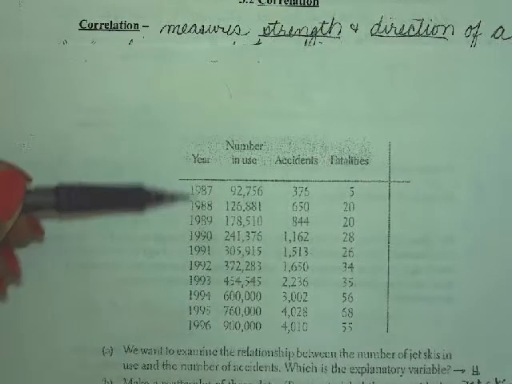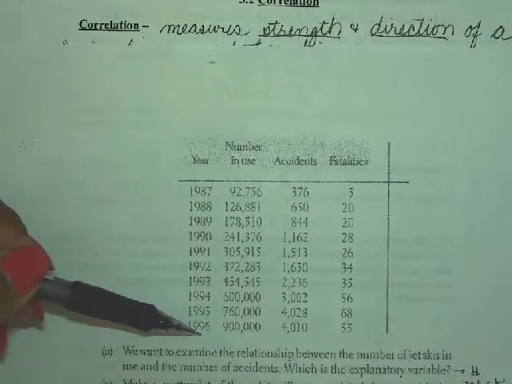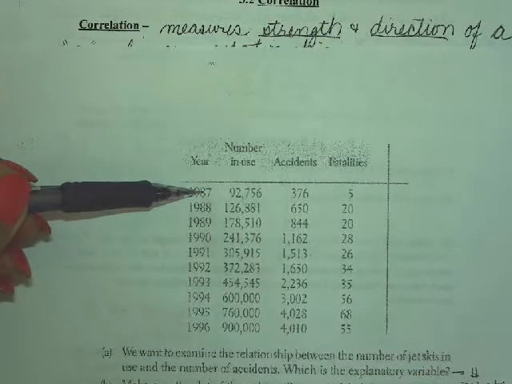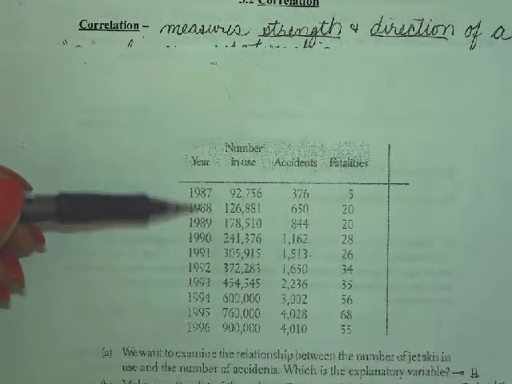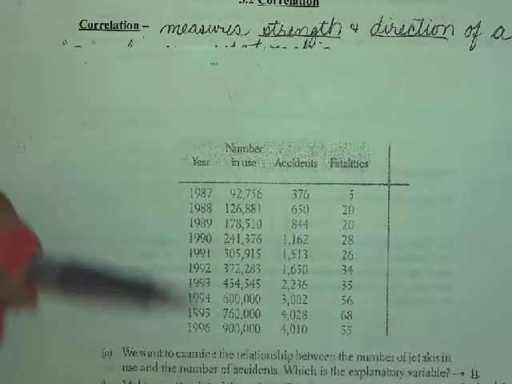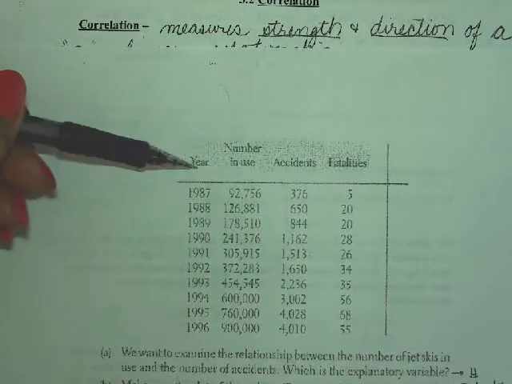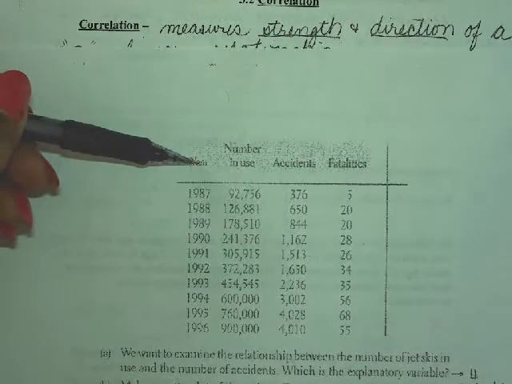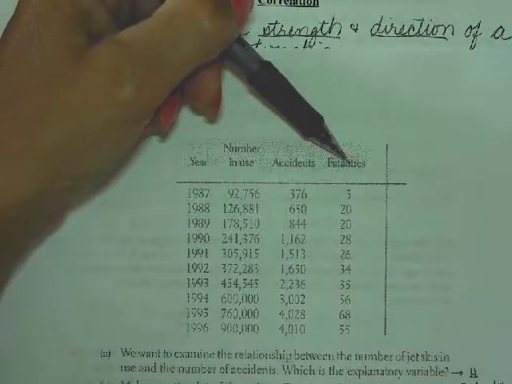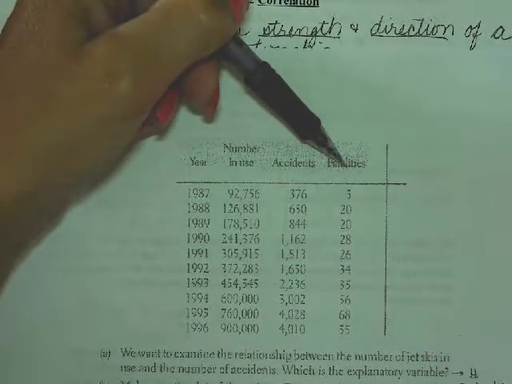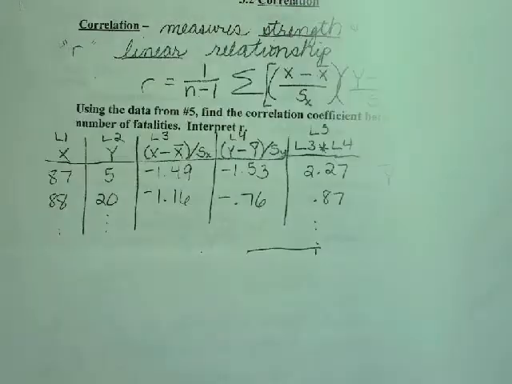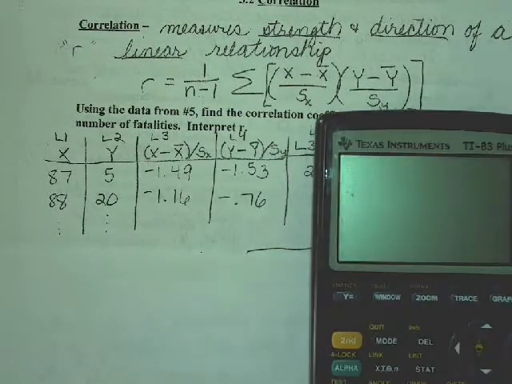So we're going to look at the year as our explanatory variable and the number of fatalities as our dependent variable. And so I put those into my calculator. So again, I went to Stat, Edit, and I have all of my explanatory variables in list 1, and I have the fatalities in list 2.